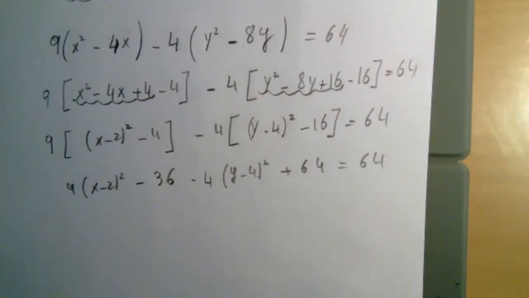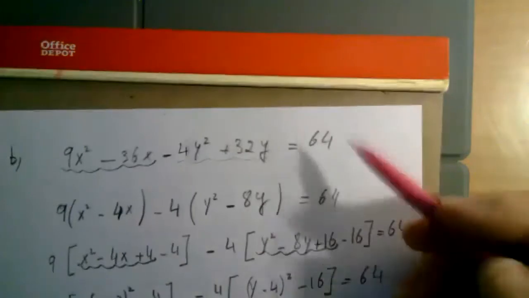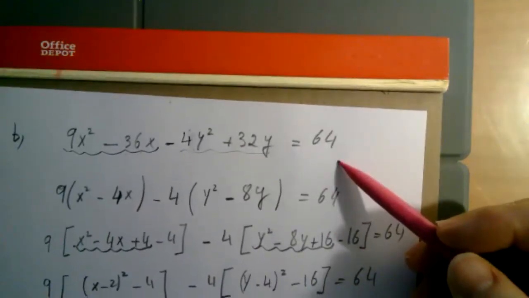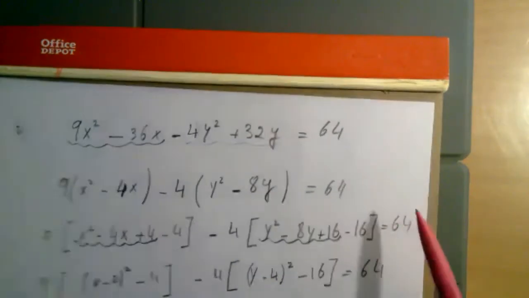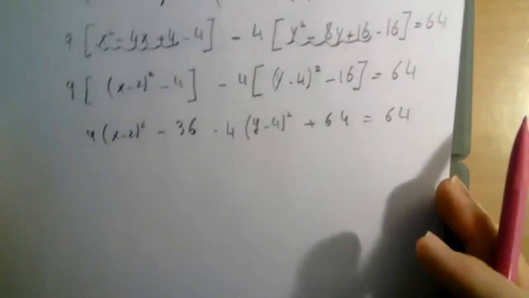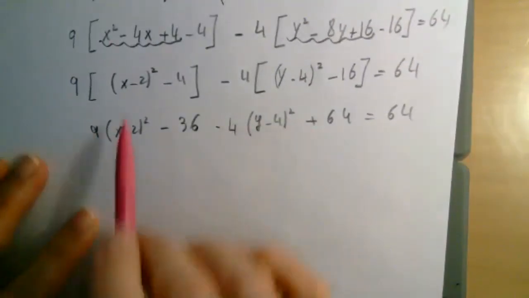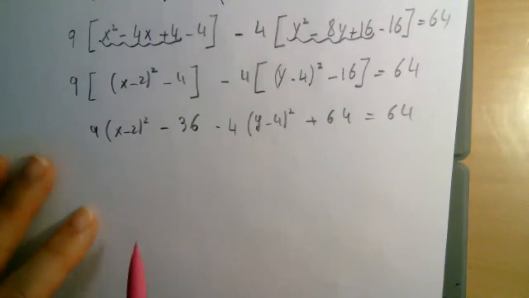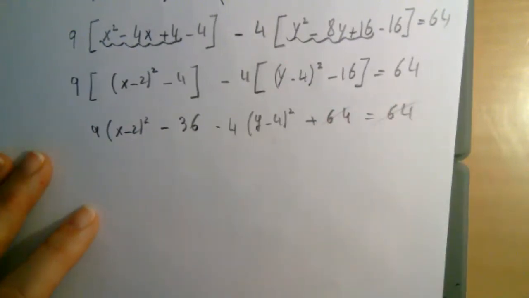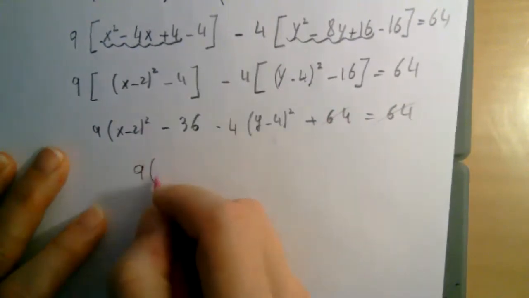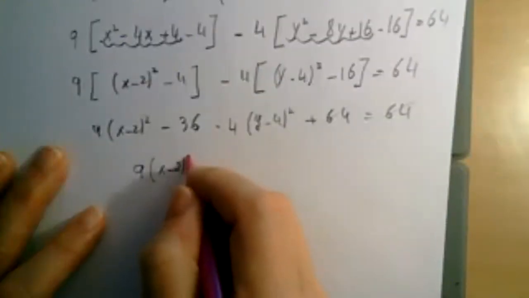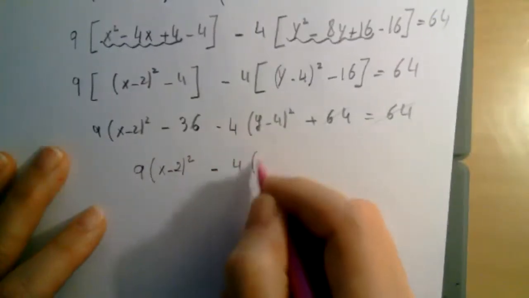As we realize, it looked absolutely impossible to know what we're talking about at this stage. By manipulating it, we are going to be able to figure out all the points which lie on the curve. So the 64 cancels. So this will give me 9 times x minus 2 squared minus 4.